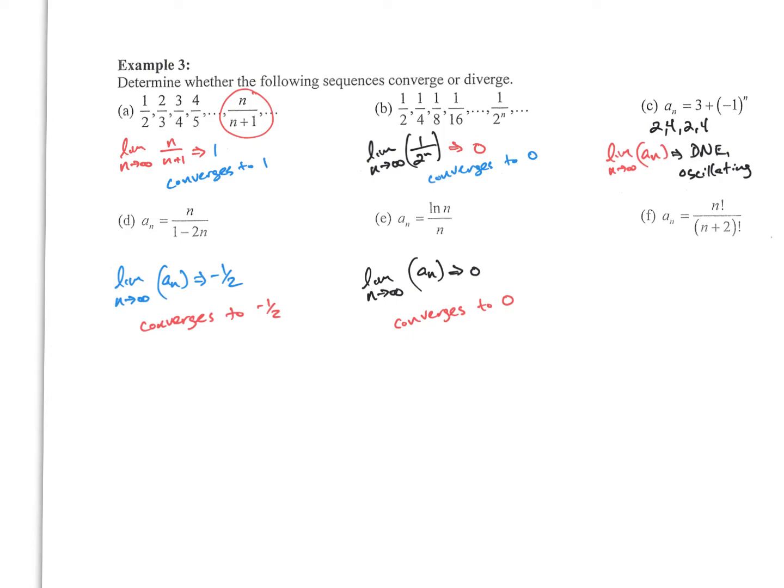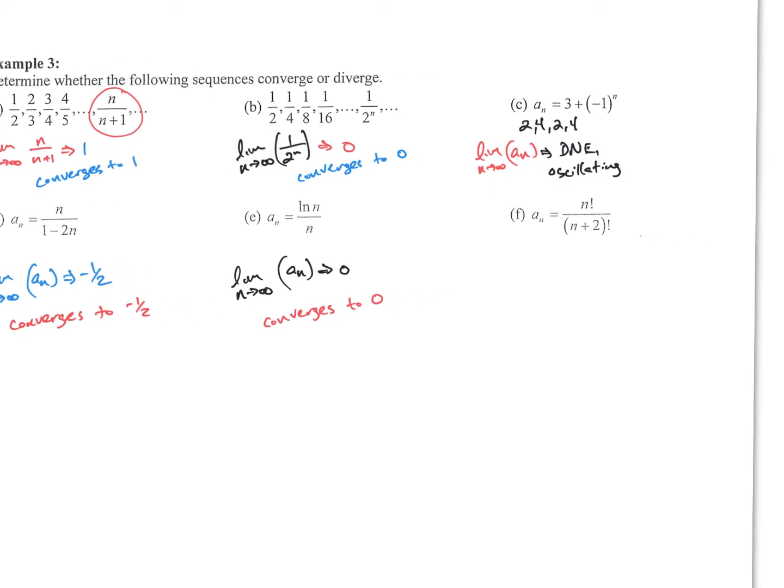All right, let's look at F. So now I have n factorial over n plus 2 factorial. Now, in pre-calc, we did this a little bit. Which one's bigger here? The bottom's bigger. And so I want you to start canceling some things here. n plus 2 factorial is n plus 2 times what? n plus 1, right?